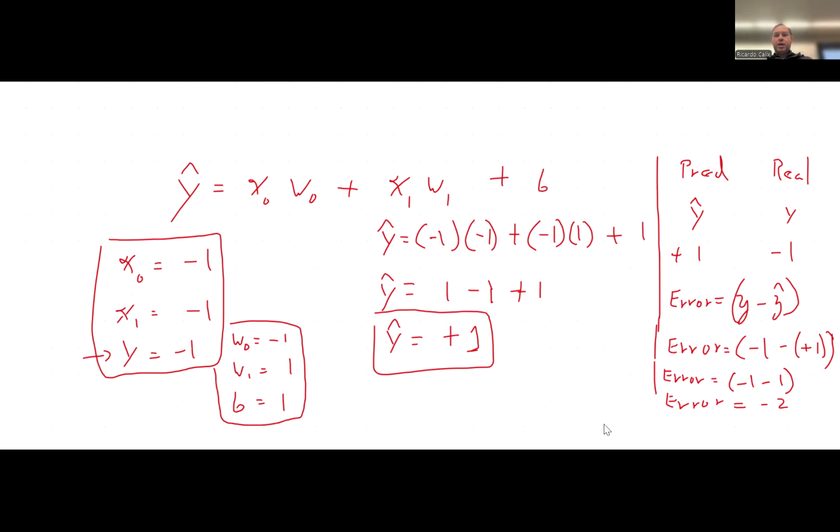So then all we have to do is error -2, to get rid of that negative, we square it, and so that becomes error equal 4. Got it? This is essentially how all of machine learning works. You got that equation, you got the real values, the weights and the biases, you do the computation, you have a predicted value, you compare it to the real value, take the difference, square it. That's your error value.